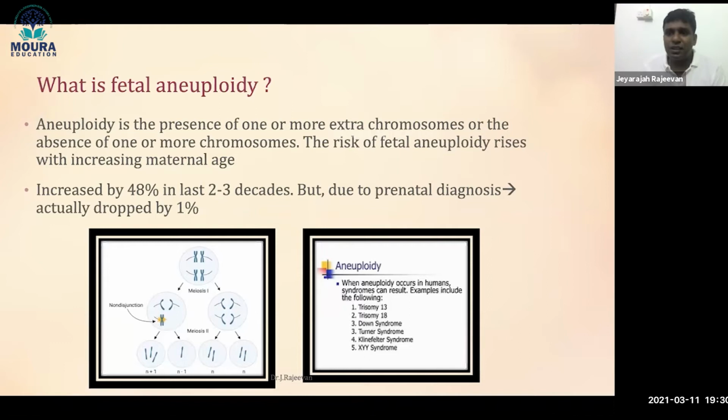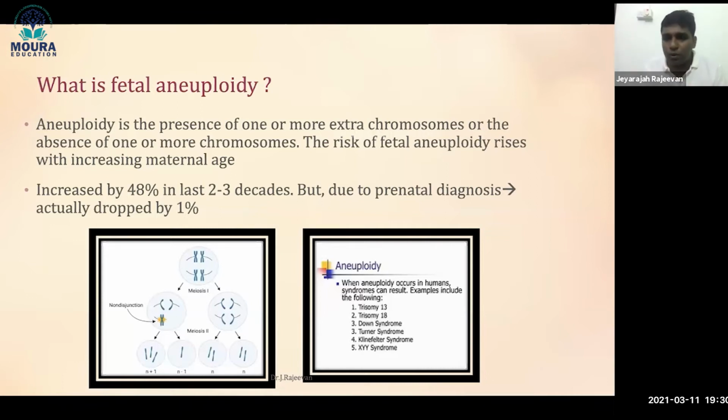But unfortunately, in Sri Lanka, termination of pregnancy due to congenital or chromosomal abnormality is not legalized. Sorry, it's not legalized. So you are not supposed to terminate the pregnancy. That's why prenatal diagnosis is not that popular in Sri Lanka. But now there is a lot of argument with SLCOG and the ministry to legalize the termination of pregnancy for chromosomal abnormalities.